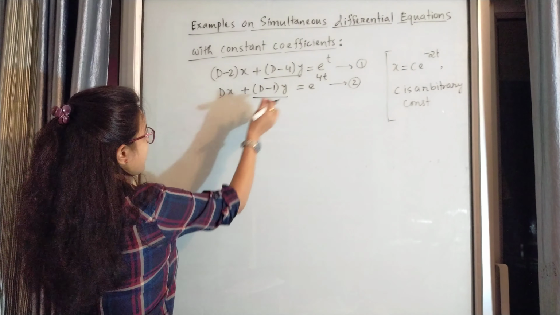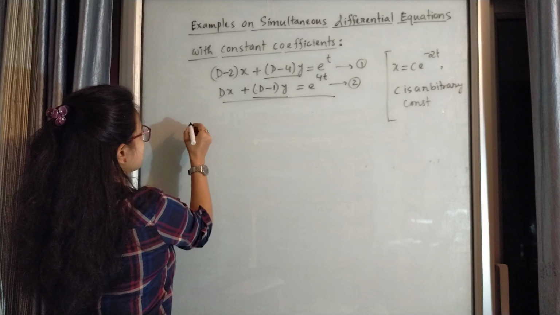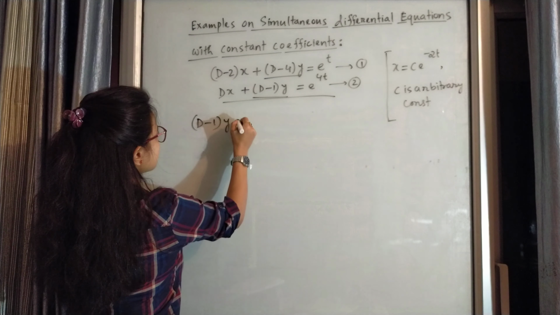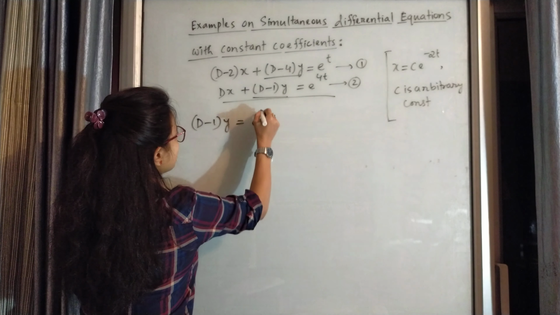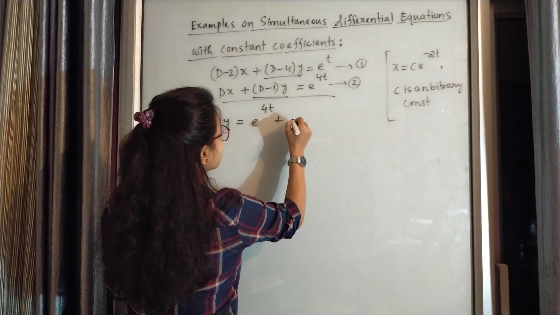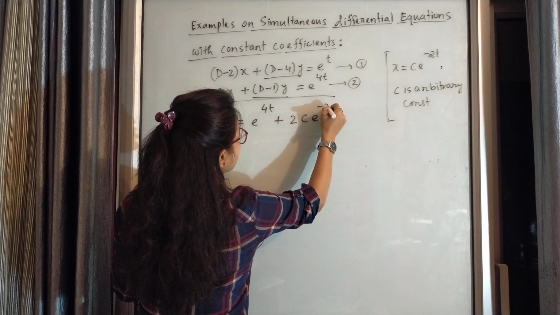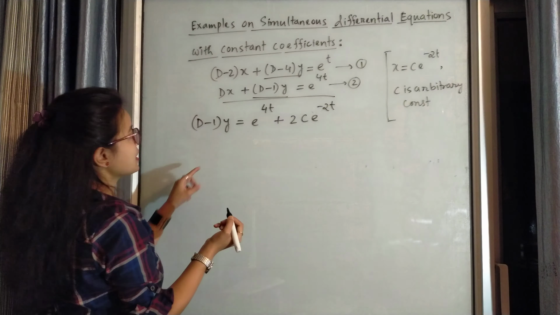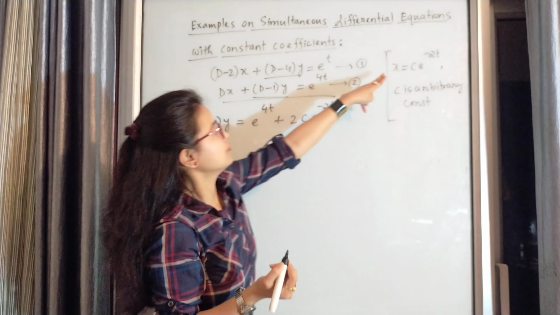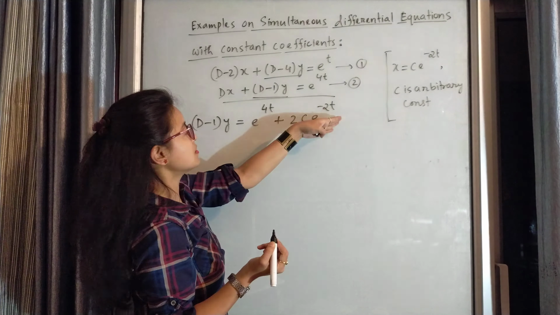Substituting x in equation number 2, we get (D - 1)y = e^(4t) + 2c e^(-2t). Here I have differentiated x and transferred it to the right side.